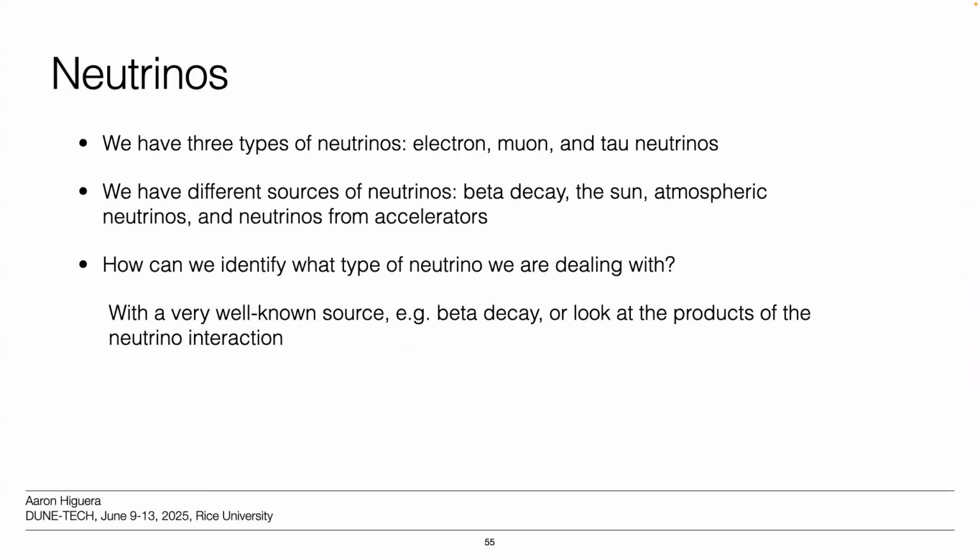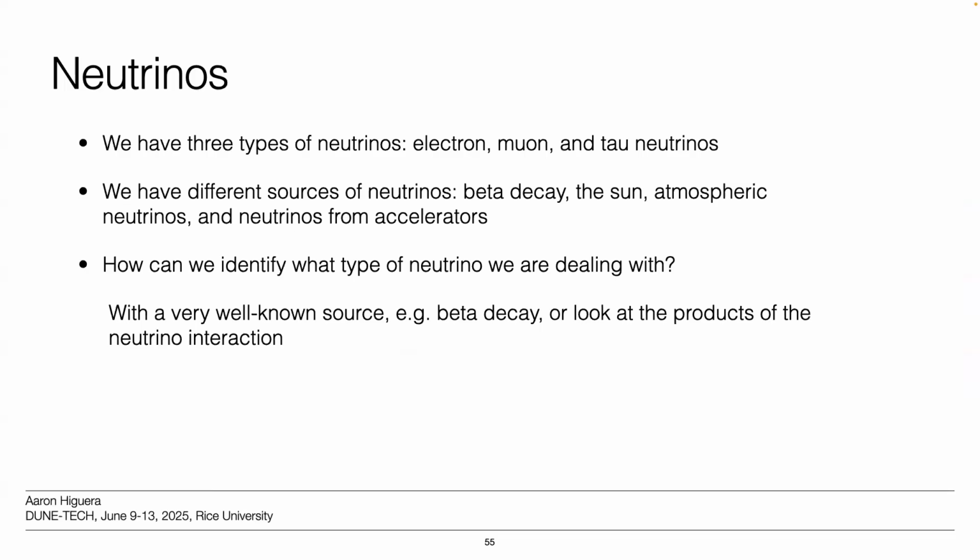So what we have found, just to recap a little bit, is that for the neutrinos there are 3 types. We have different sources, and we know how to deal with neutrinos because when the neutrinos interact, they're associated to the lepton, right? So if we have an electron, that means there is an electron neutrino. If we have a muon, there is a muon neutrino behind that.